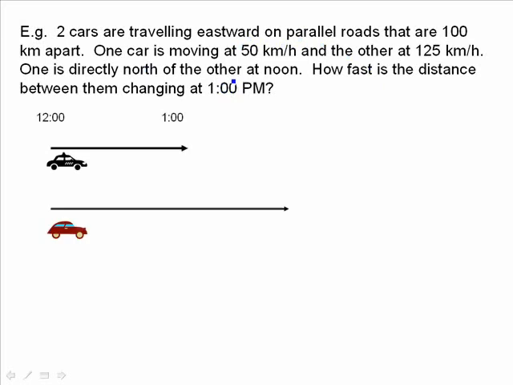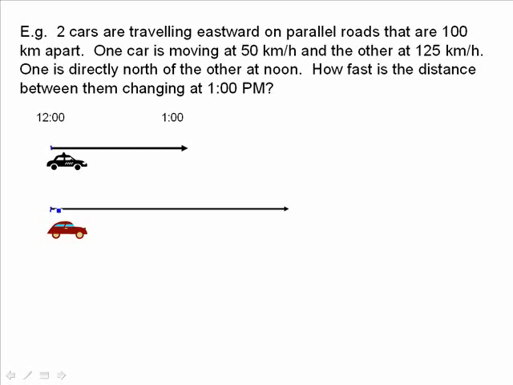Then we'll get something looking like this. It starts off, we've got the taxi above the other car. The way I've got this drawn, the taxi will be the slower vehicle, and the other car is the faster vehicle.